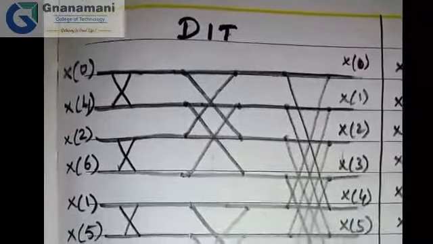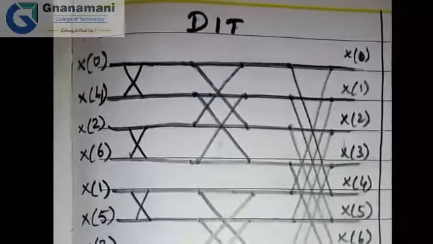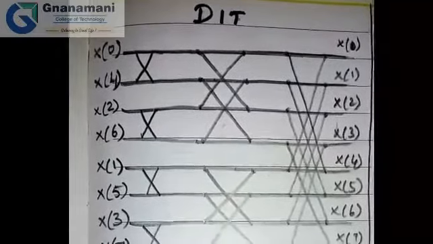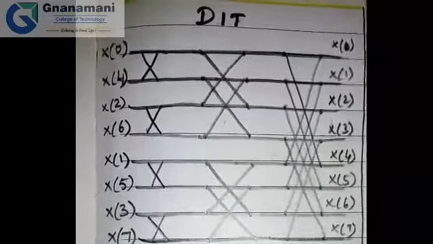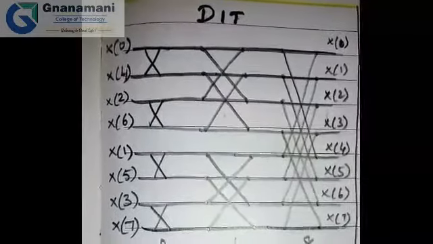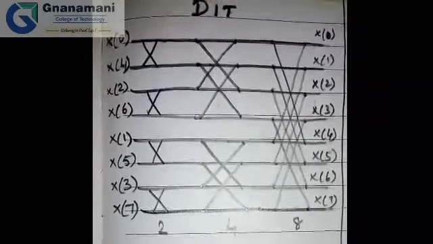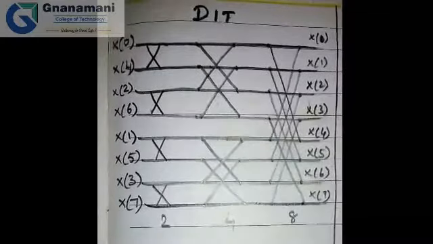Here you can see the complete structure of your DIT. In the input section you can see the twisted form of the input which is given in the problem, and in the output part it starts from x of 0 and ends at x of 7 without any change.